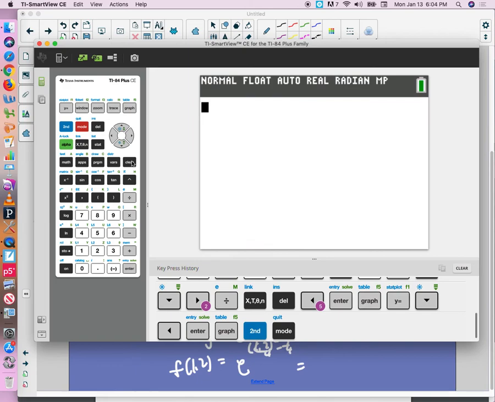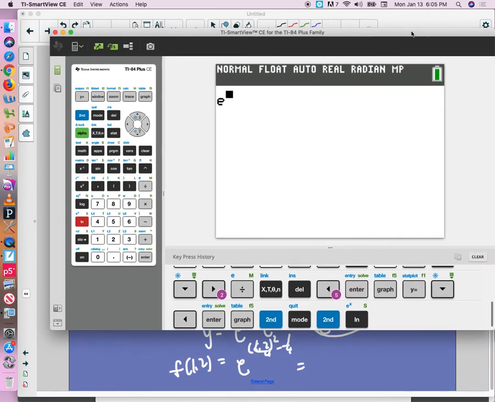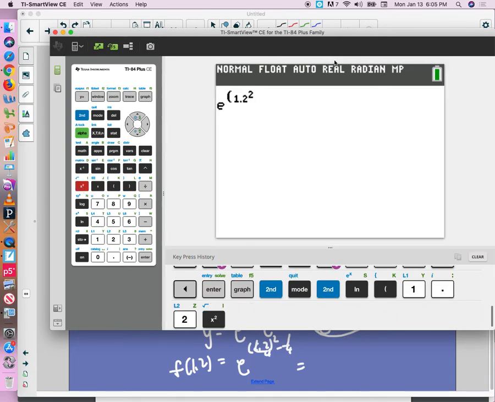All right, so I have e to the, what did I have? It's down here. 1.2 squared over 4 minus 1/4.